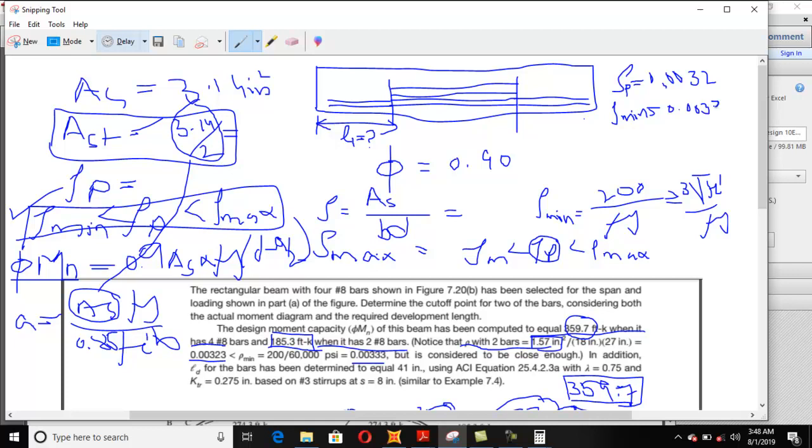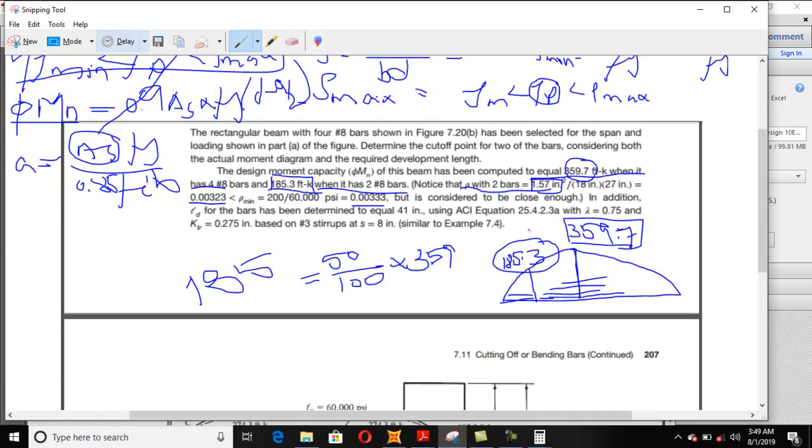Now rho minimum is greater than rho provided, but here they make the assumption that both values are very close to each other, so they assume that rho provided is approximately equal to rho minimum, because both are at the verge.